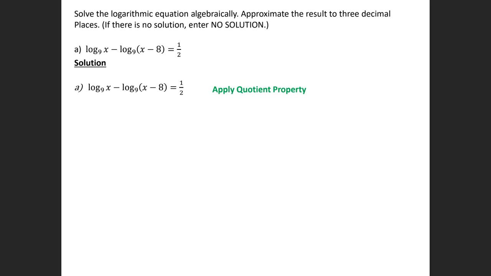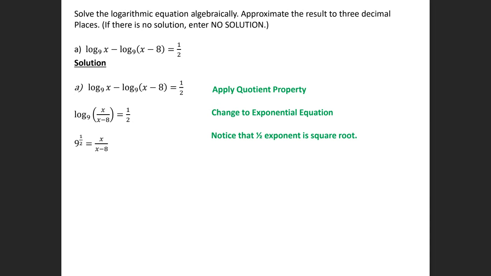So let me rewrite this as the log base 9 of x divided by x minus 8 is equal to 1/2. I'm going to use my change to exponential form to solve. So I'm going to convert it to an exponent. So we have 9 to the 1/2 is equal to x over x minus 8.